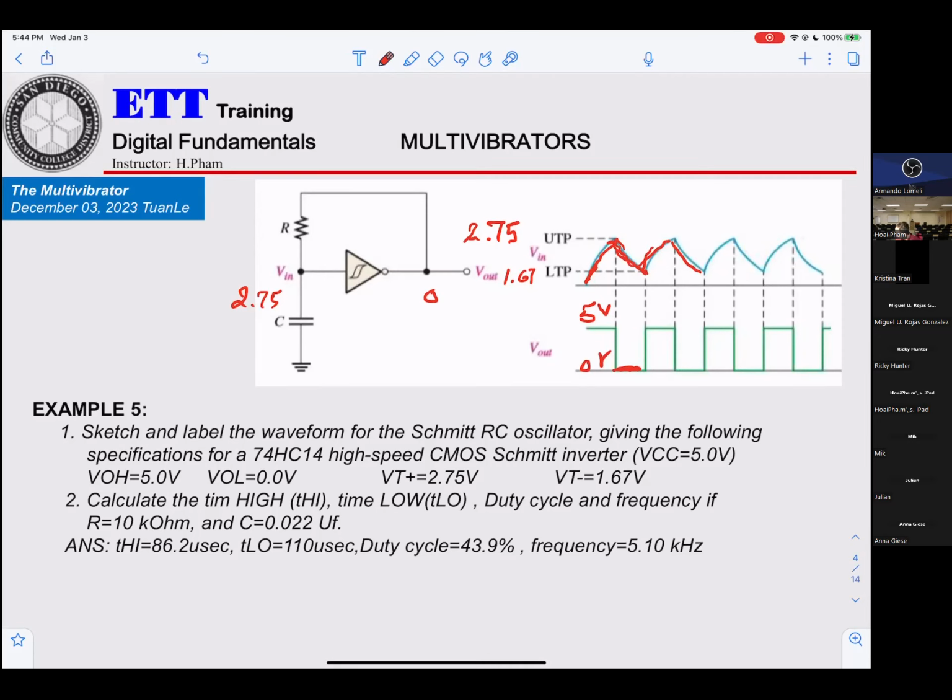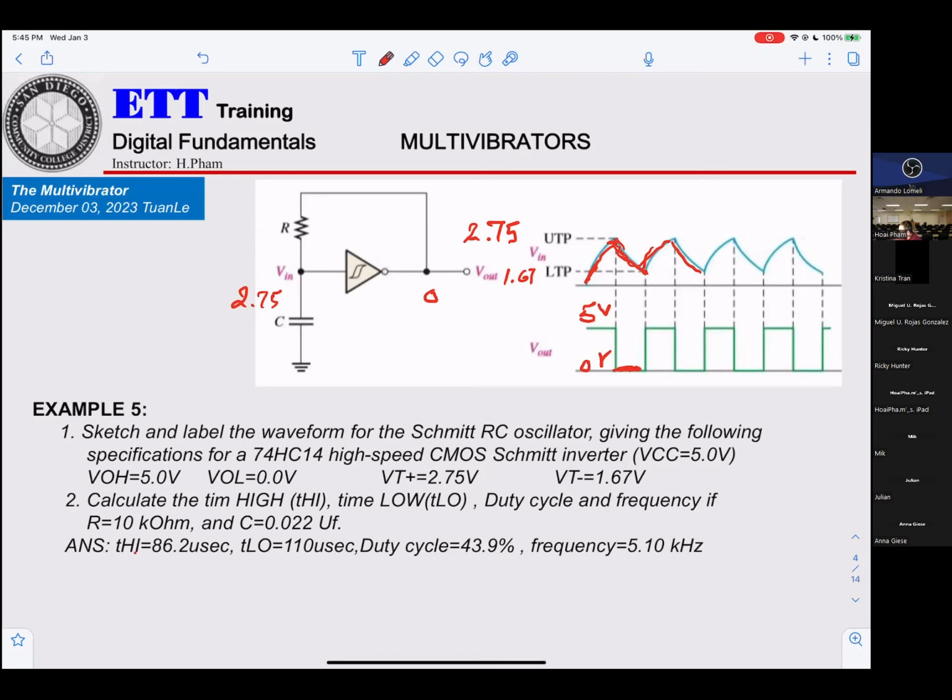They want to say what? Calculate the time high, T high, time low, T low, duty cycle, and the frequency if R equals 10K.